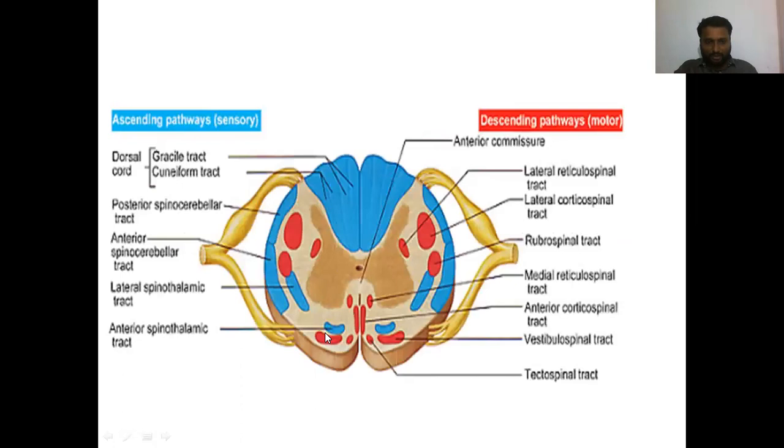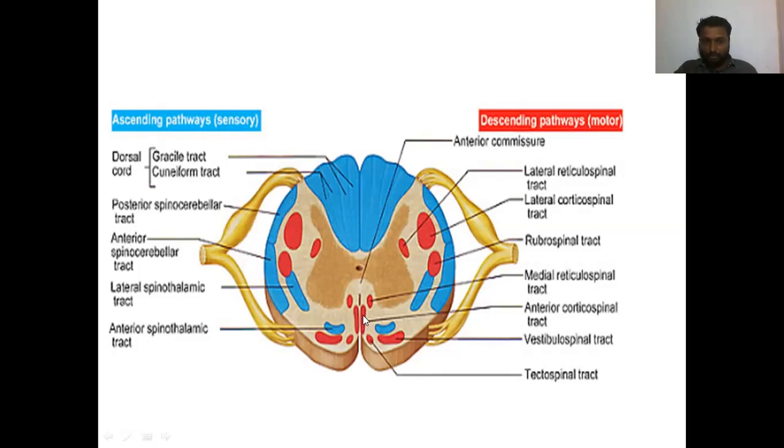We'll see that. See, this one is the anterior corticospinal tract, and this one is the lateral corticospinal tract, which is seen in the lateral white column. This one, in the anterior white column, is the anterior corticospinal tract, this red colored area. This is the cross section, so here we can see the cross section of bundles.